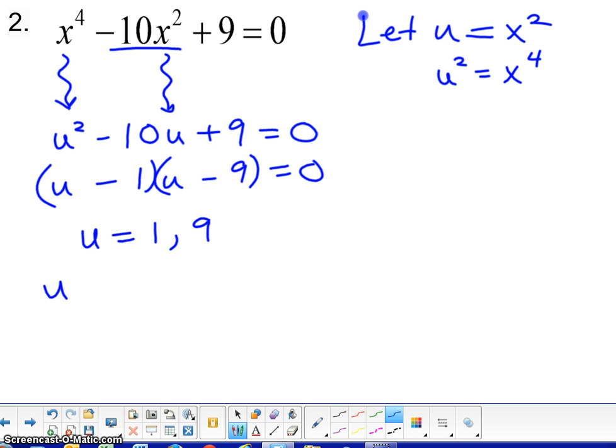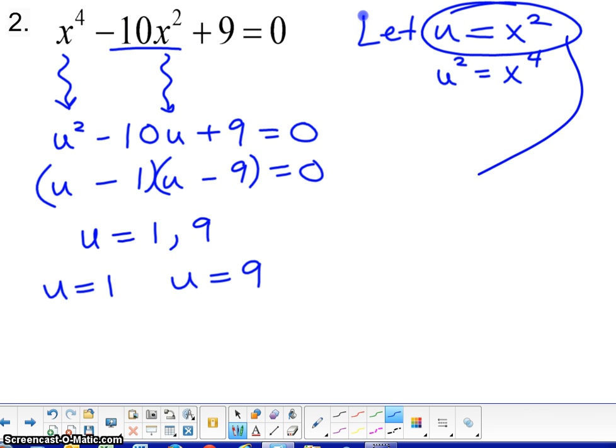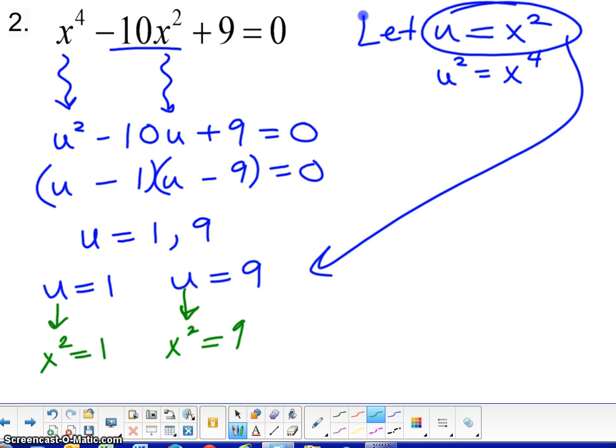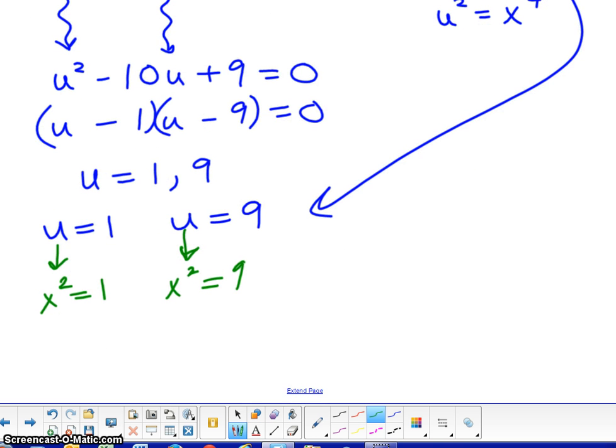And again, like last one, I'm going to separate them and bring what we already know to be true. So here is supposed to be an x squared. Also here is supposed to be an x squared. And if I'm going to solve for x, I'm going to end up with x equals plus or minus 1, x equals plus or minus 3.